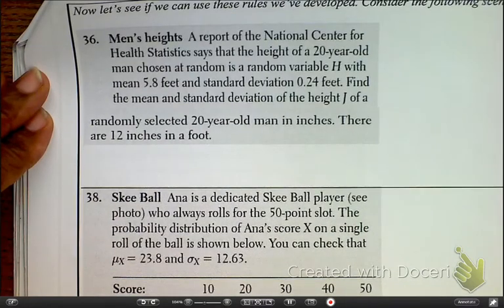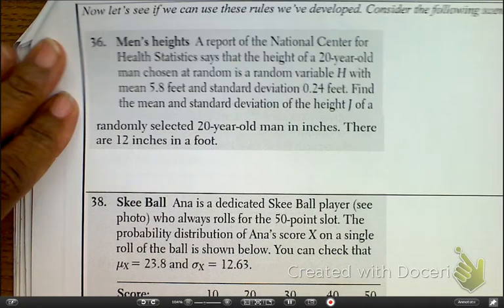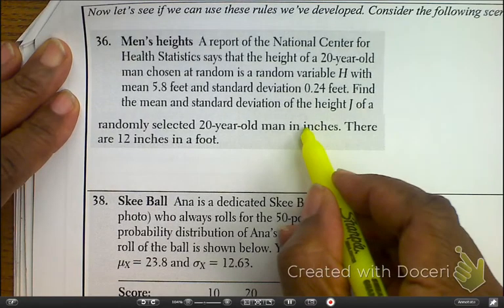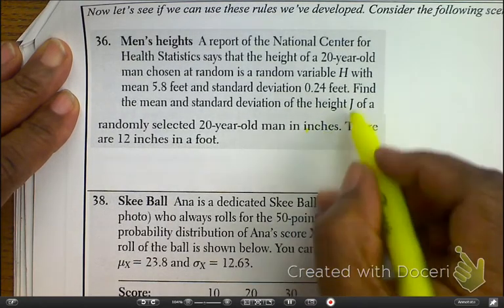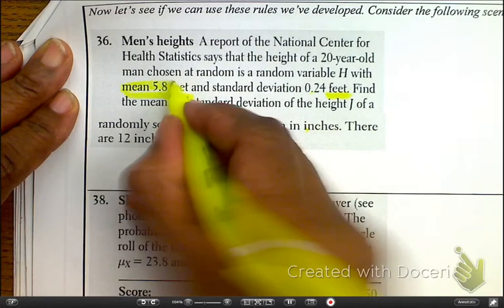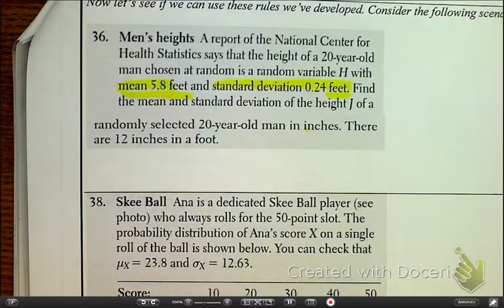Go ahead and read that to yourself. Okay, now, here it's asking us to basically convert from feet, because that's what we're given, to inches. Well, yeah, there's an equation for that, but do I really need it?